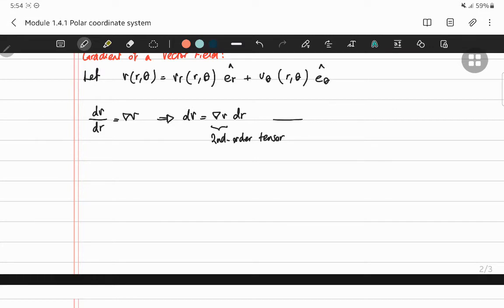So we replace del v by T. So T here is a second order tensor, and we continue with this T. We find the components of T, and these components of T actually are the components of the gradient of v.